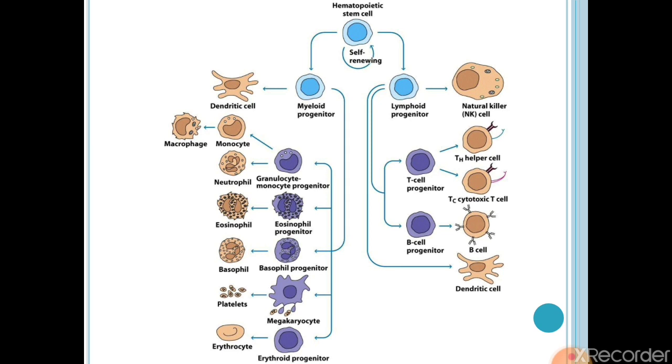B cell progenitor will give rise to B cell, which will then give rise to plasma cell, and that will produce antibodies. Now the T cell progenitor can give rise to two types of T lymphocytes. One is called the T helper cell and the other one is called the cytotoxic T cell.